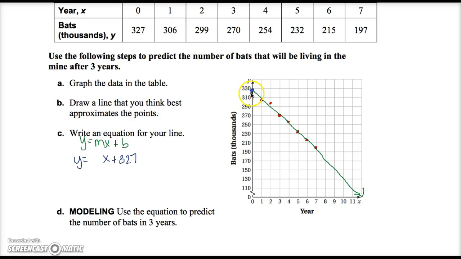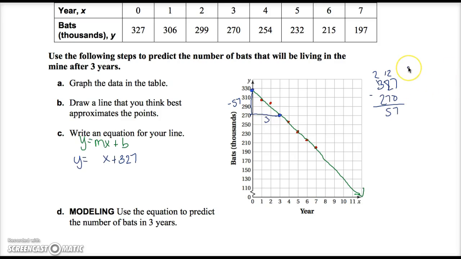So 327, we just need to figure out what the slope is. Okay, so if I pick another point that went through, let's say right here, that was at 270. So I'm going down from 327 down to 270. So I've actually gone down 57, so that's a negative 57. And I've gone right 3.